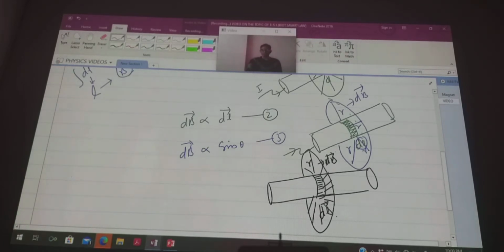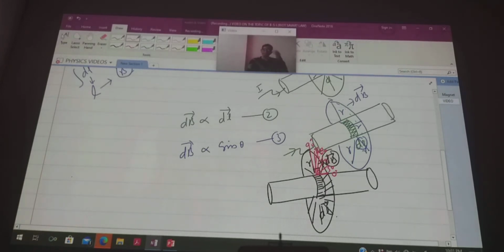So this is perpendicular, this is 90 degree, and here 0 degree, this is 30 degree, this is 45 degree, this is 60 degree, 70 degree, 80 degree, and last 90 degree.